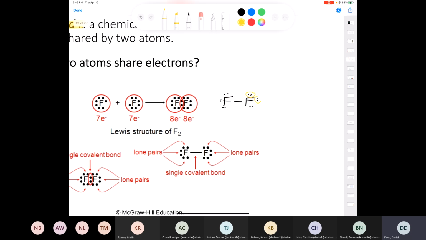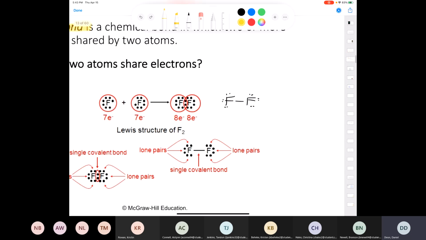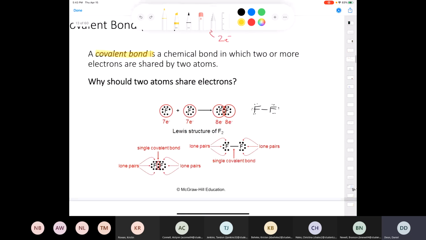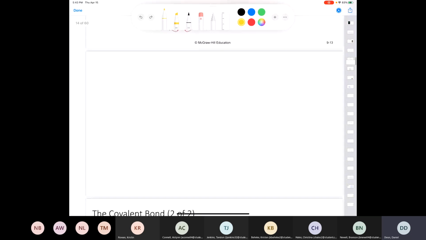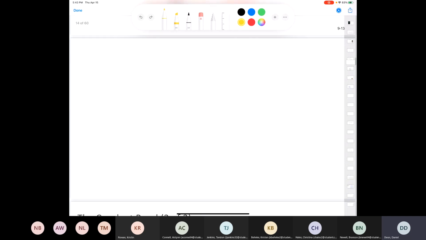This fluorine, 1, 2, 3, 4, 5, 6, 7, 8. And that's something that we're going to see over and over throughout this class and this chapter. And again, you have to be solid on the concepts of covalent bonding in order to master the content, not only in chapter 9, but in chapter 10 as well.